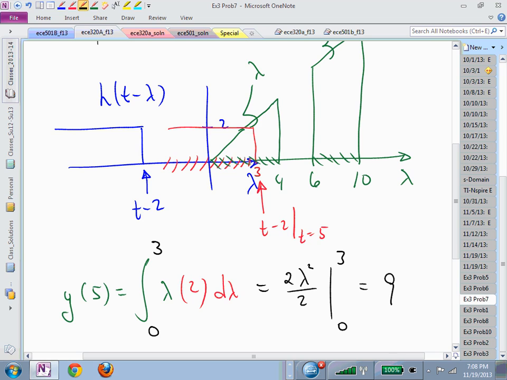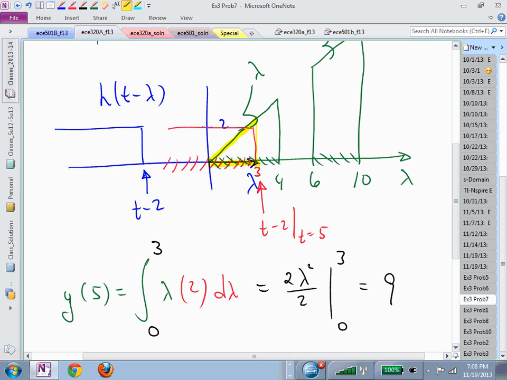You could actually do this with geometry. Because what do you have? You really just have that triangle, that green triangle from 0 to 3, and it's scaled in value by whatever h was, and that was a value of 2. So if you find the area under this triangle, for this particular value, I now have this triangle, and the area of that is 1/2 base times height.